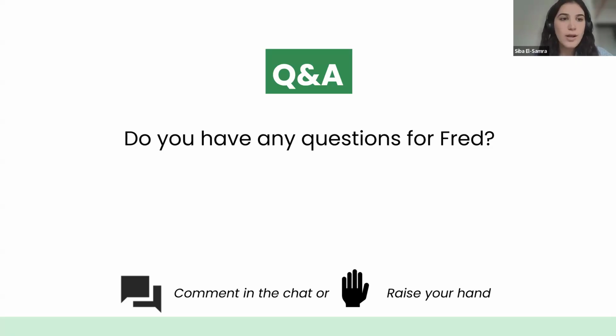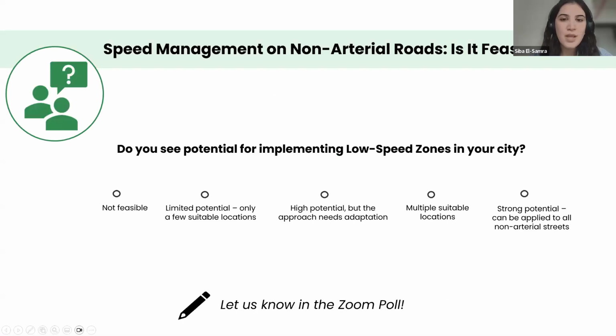And while you get those questions ready, we have one quick question for you in a Zoom poll. So in speed management on non-arterial roads, based on what you know and what you heard today from Fred, do you think any of this is feasible in your city? Do you see potential for implementing low speed zones in your city?